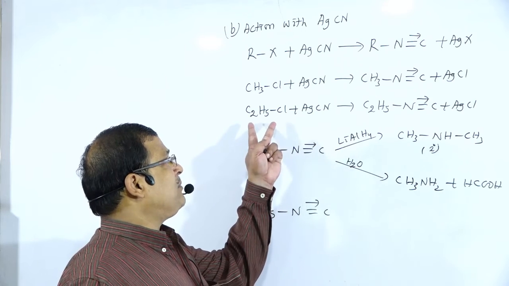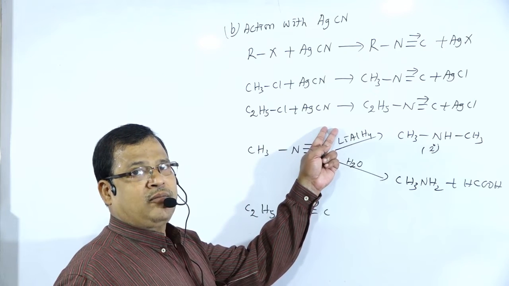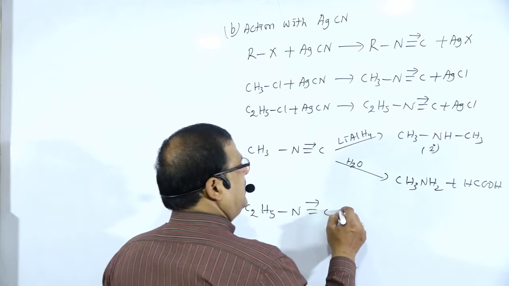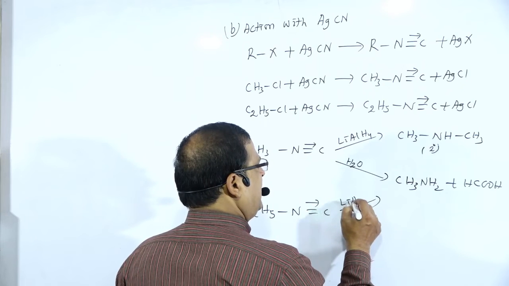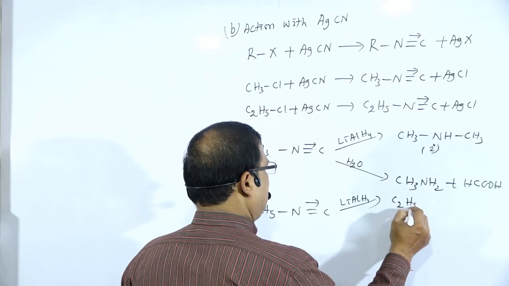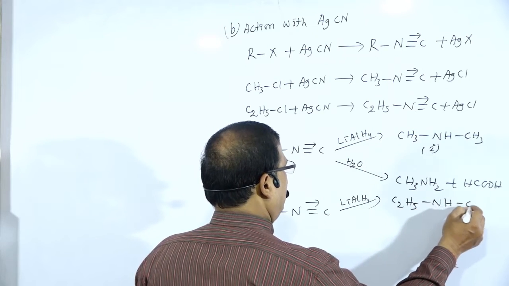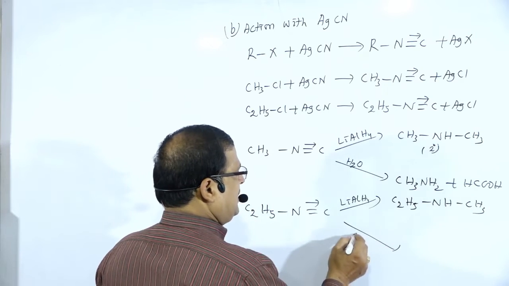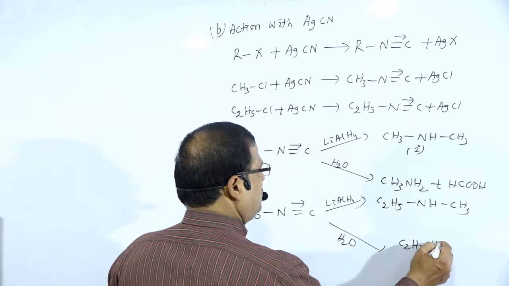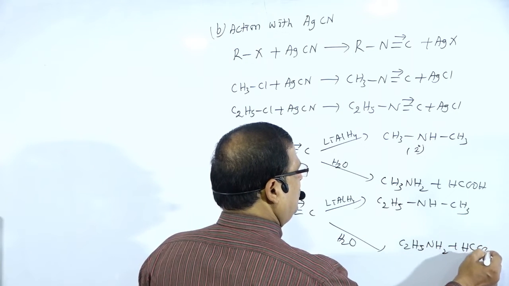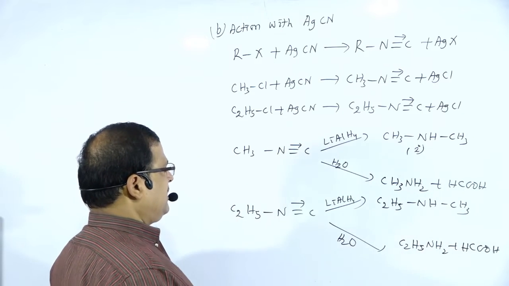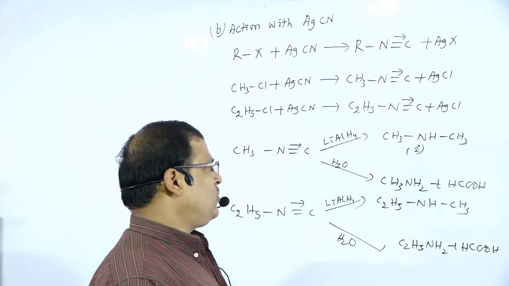It is obtained by the action of ethyl chloride with silver cyanide, AgCN. So ethyl isocyanide on LiAlH4 reduction gives C2H5NHCH3, and on hydrolysis it forms C2H5NH2 plus HCOOH.